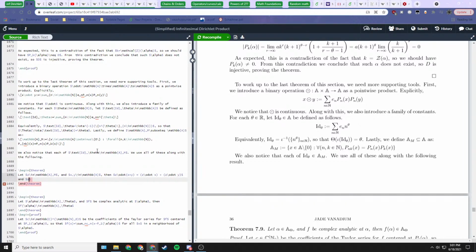And Z O dot (X star Y) is equal to (Z O dot X) star (Z O dot Y). And it distributes over Dirichlet product.